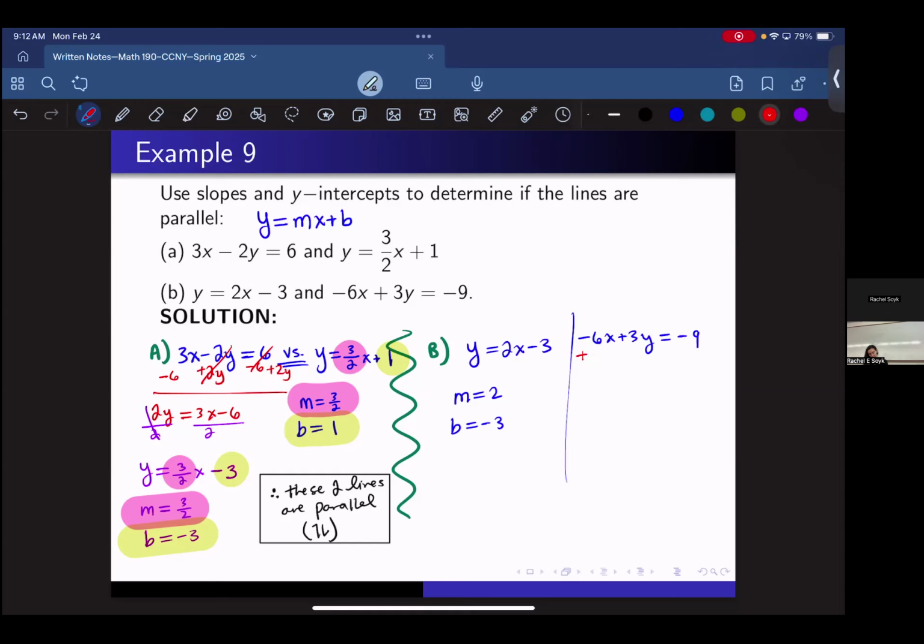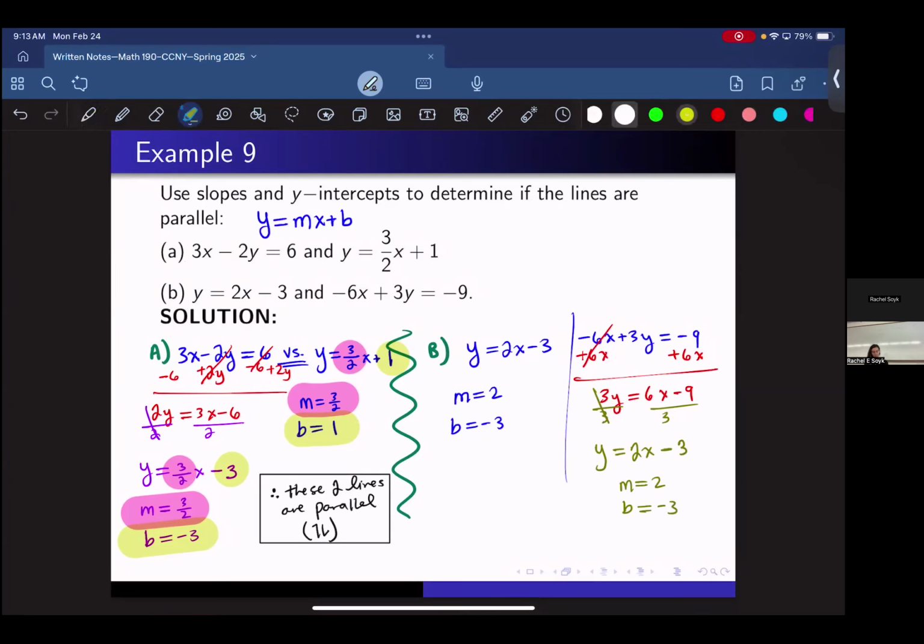We're going to go ahead and add 6x to both sides. So we're looking at 3y is equal to 6x minus 9. And then we're going to divide both sides by 3. So we have y is equal to 6 over 3 is just 2x, 9 over 3 is 3, which tells us that our slope here is 2, our y-intercept is -3.